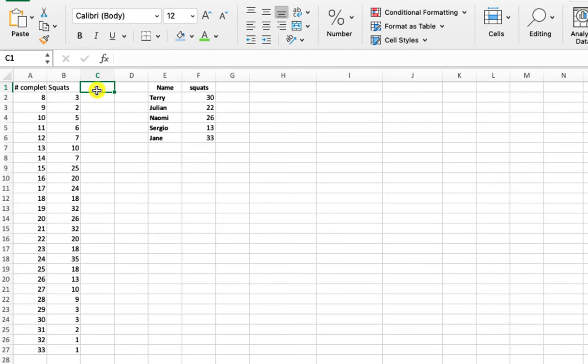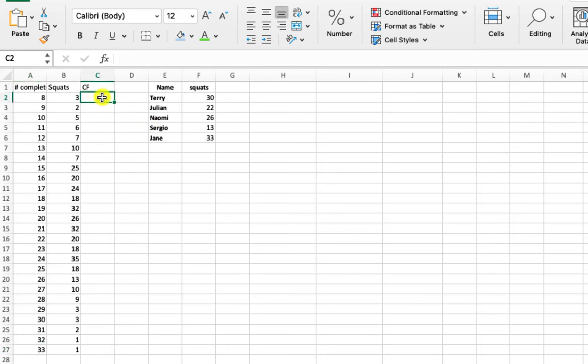Alternatively, we can use a method that we employed in the lecture, where we have a cumulative frequency column, and we start from the worst scores in the frequency and work our way up to the best scores. In this case, I'm saying worst scores are the least number of squats, and the best scores are the greatest number of squats.